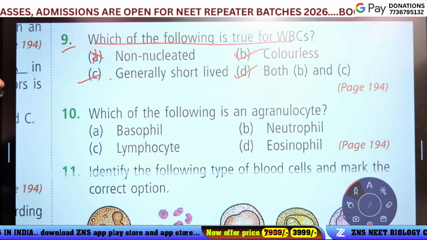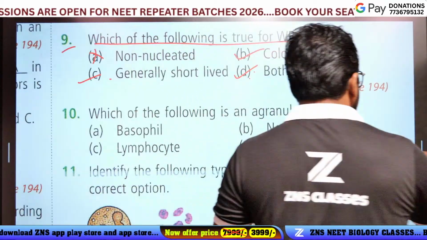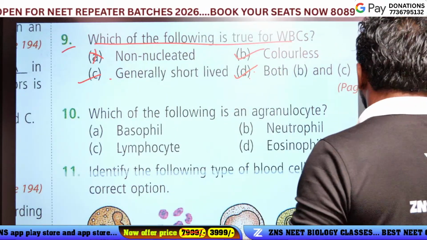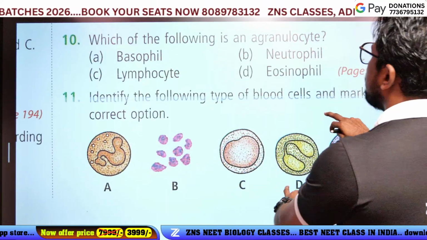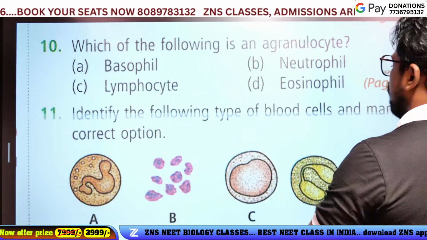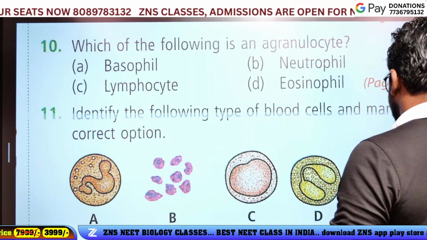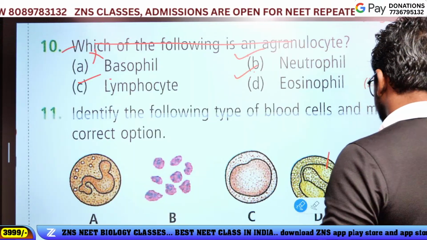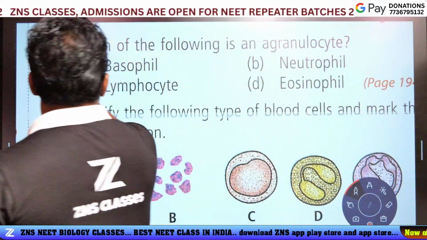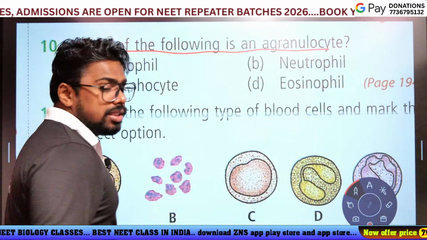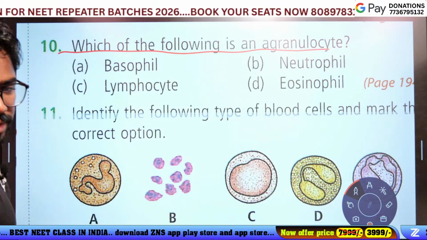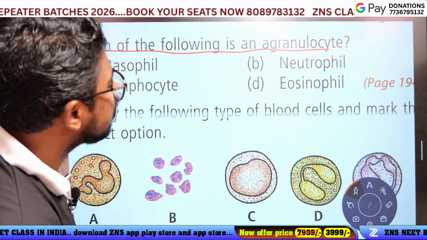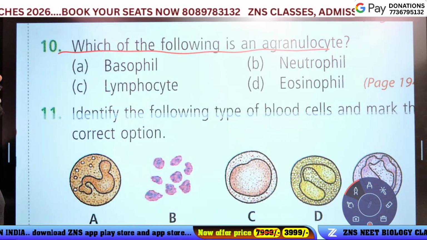Okay, guys, the next question. Which of the following is a granulocyte? Come on, give me the answer. There are granulocytes and agranulocytes.